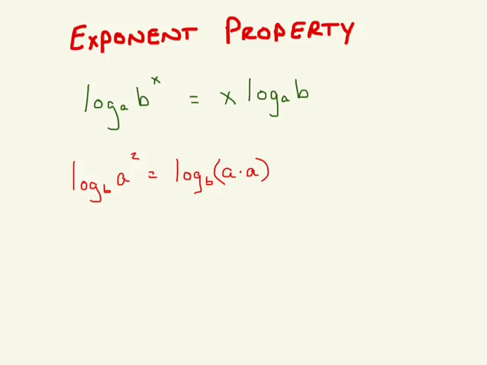And if we've got a multiplication, we said we could split it into an addition of two separate logs. So now we have a log base b of a plus a log base b of a. Well, those are like terms. We now have two log base b of a's. So you can kind of see how that works. That, once again, is not really an actual proof, but we'll kind of show you what's going on.